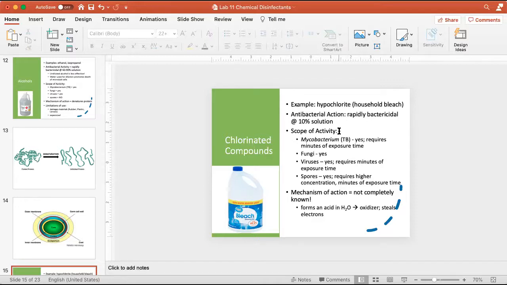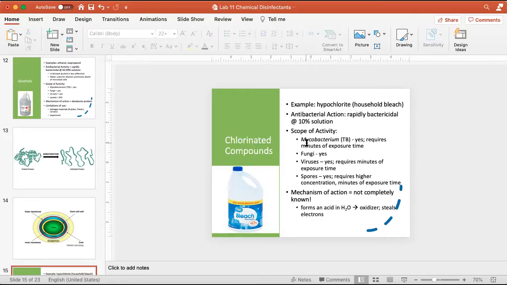Now, for the scope of activity, there are some differences between bleach and alcohol. In terms of the organism that causes tuberculosis, bleach will kill that organism, but not rapidly. If you're concerned about this organism in the environment you're trying to disinfect, bleach is probably not your choice.